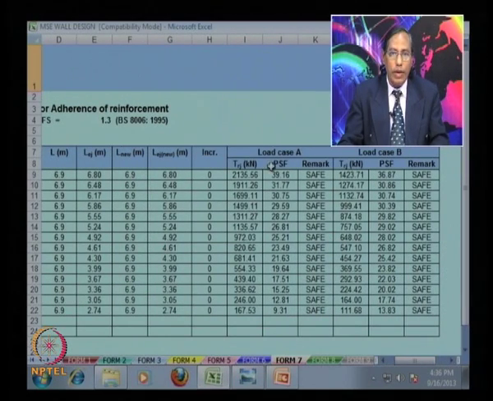So, here for load case A, what is the TRJ? You can calculate TRJ: 2135.56.